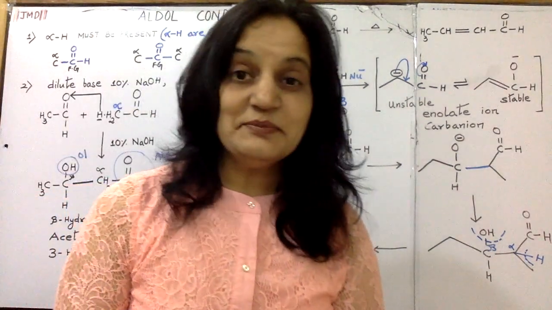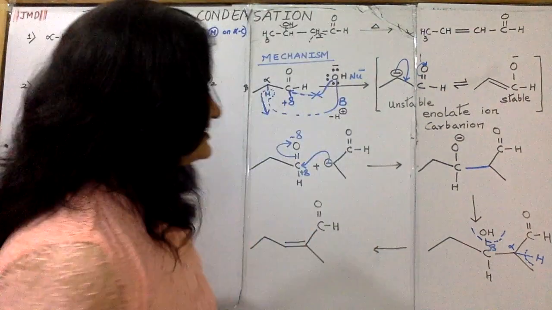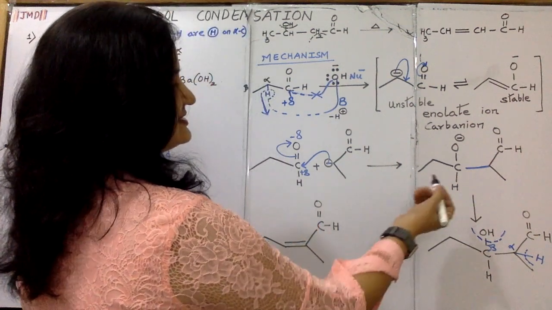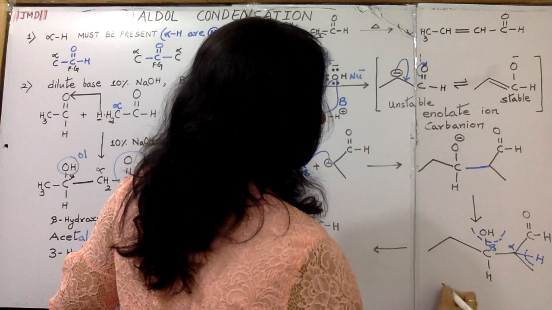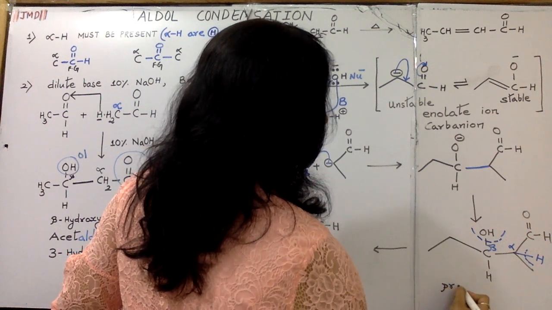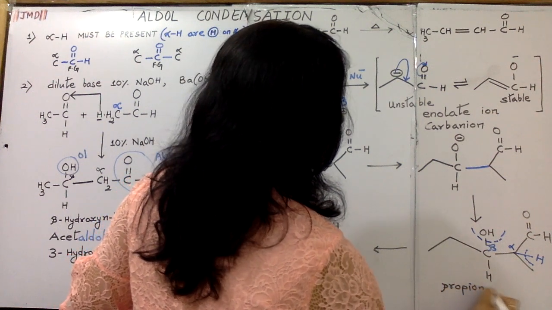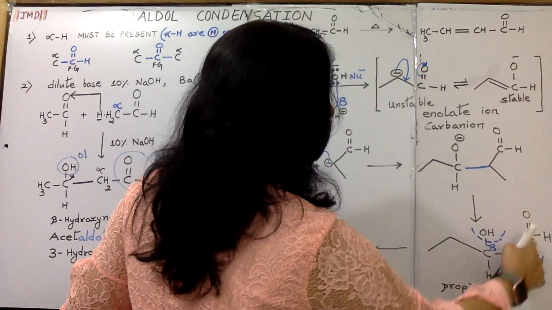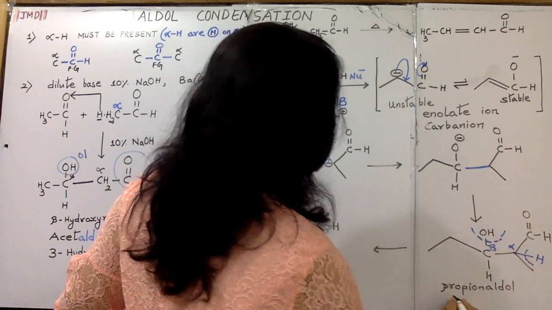Let us name the molecule, students. This is propanal, so propion aldol. IUPAC name: 1, 2, 3, 4, 5.